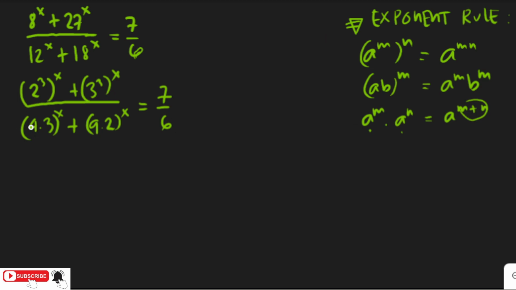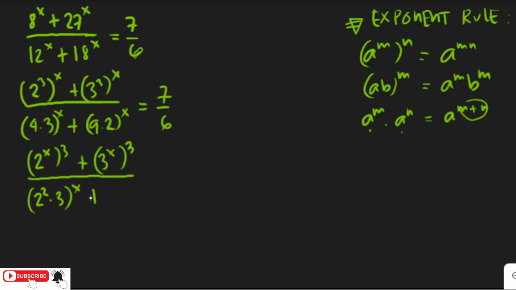And then we can write this equation as (2^x)^3 plus (3^x)^3, divided by, this can be written as 2 squared, the 4, times 3^x plus 3 squared, the 9, times 2^x, all equal to 7/6.